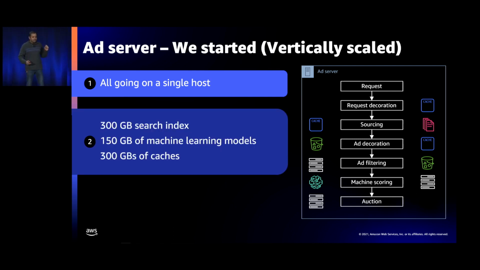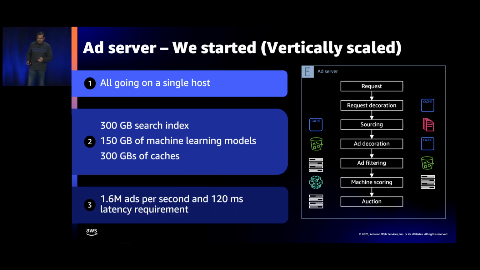We had about 300 gigs of search index of the whole of the campaign management on the host. We had 150 gigs of machine learning components, models, data models, et cetera, on the host. And we had about 300 gigs of caches sitting on the host, which would decorate my ad campaigns to add more data, which would help our machine learning systems eventually.